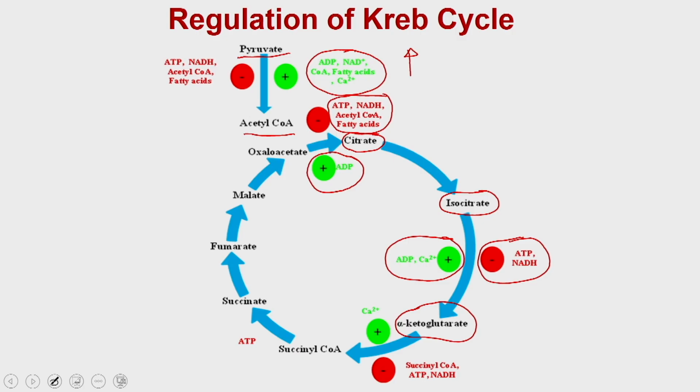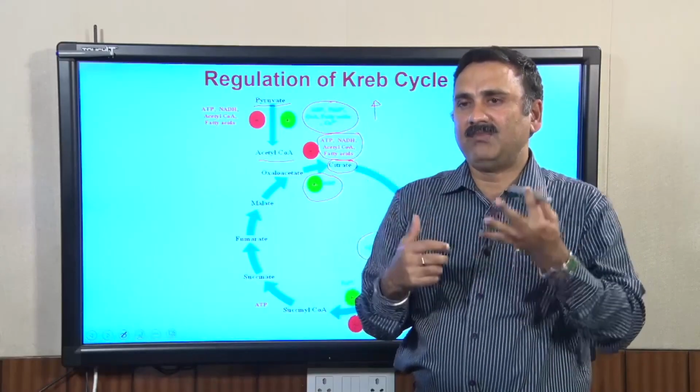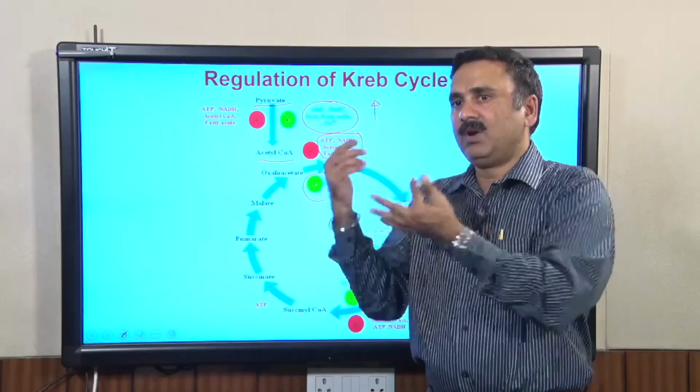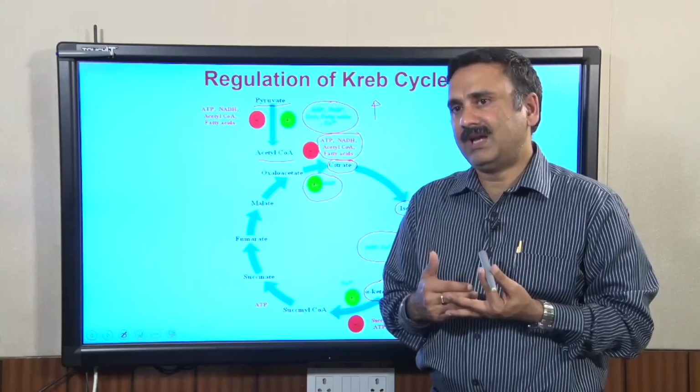So, the Krebs cycle is mostly regulated by a feedback mechanism: if ATP is being generated and you have a large quantity of ATP, then the ATP will go and inhibit the reactions.